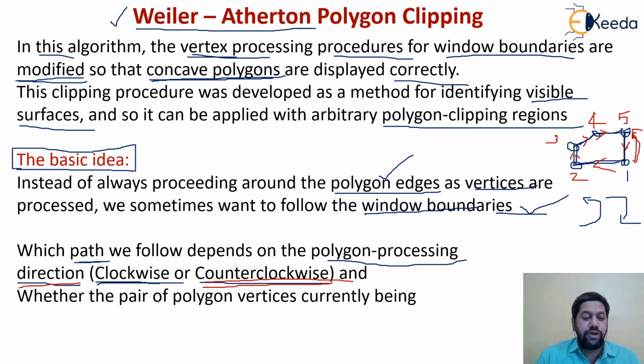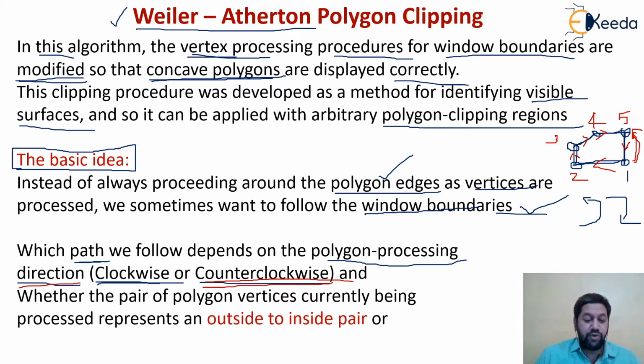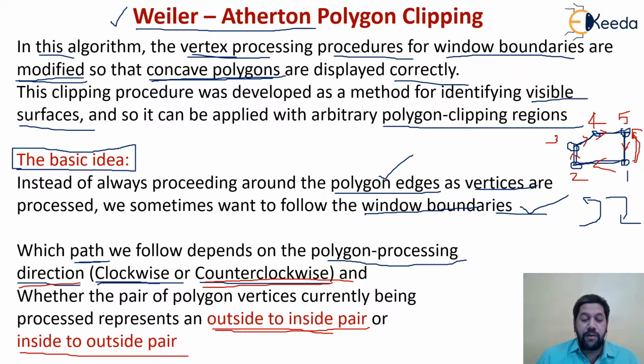Now, along with this, we are going to consider whether the pair of polygon vertices currently being processed represents an outside to inside pair or an inside to outside pair.